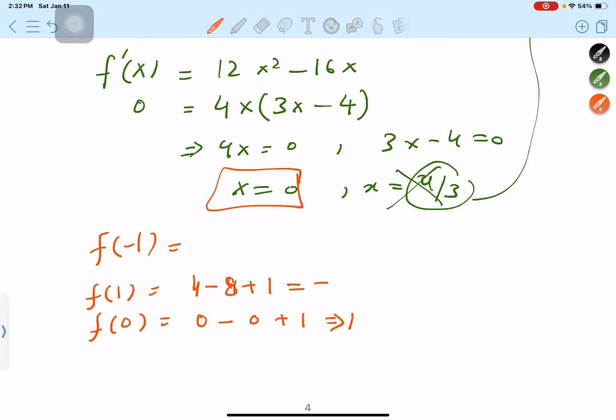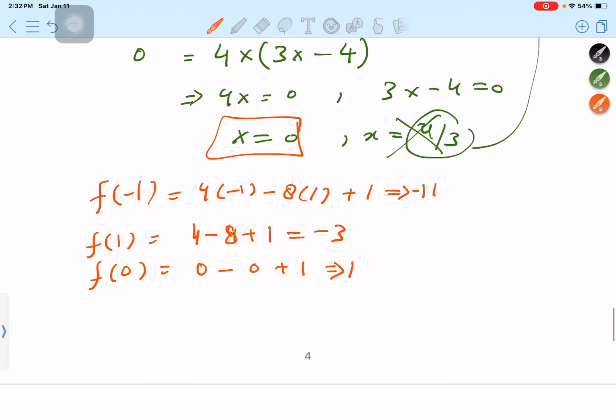If we plug in negative 1, we get 4 times negative 1 cubed, which is negative 4, minus 8 times negative 1 squared, which is still positive 1, plus 1. So we get negative 4 minus 8, which is negative 12, plus 1 is negative 11. So I would say there's an absolute minimum at the x-coordinate of negative 1.